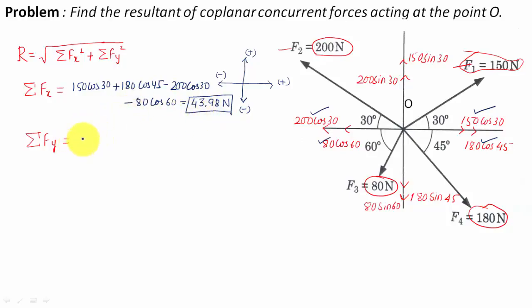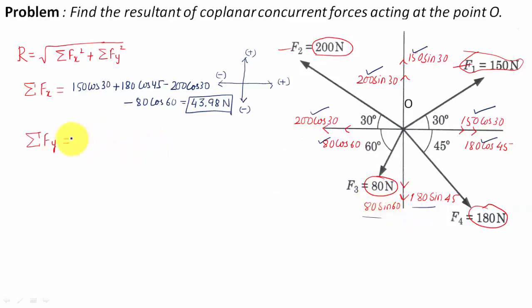Now let's sum up all the forces in the y direction. You can clearly see that these two forces are directed upwards, so they are going to be taken as positive, whereas these two forces, 80 and 180, are directed downwards, and hence they are going to be taken as negative when you write them down in an equation.